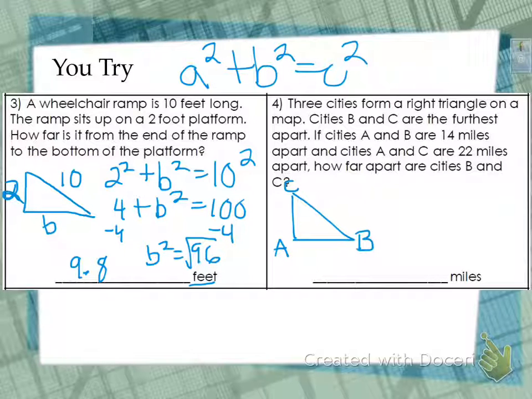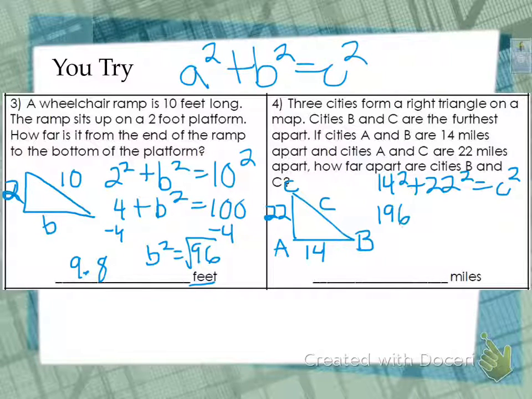It says in the problem that cities A and B are 14 miles apart, so the bottom leg is 14. A and C, the other leg, are 22 miles apart, so I am missing side C. 14 squared plus 22 squared equals C squared. 14 squared is 196. 22 squared is 484.